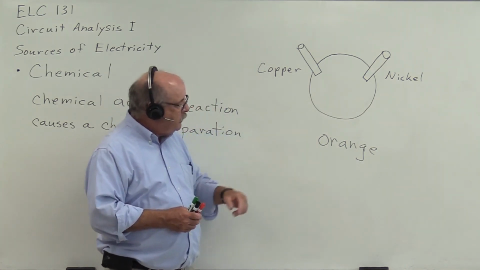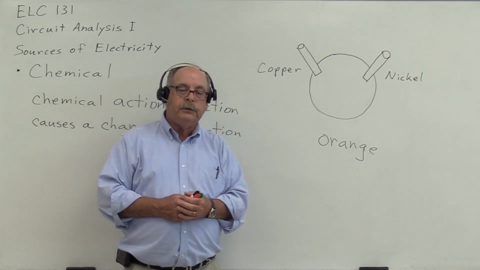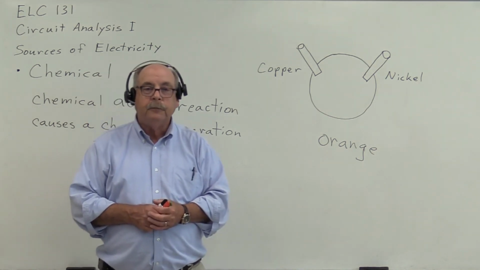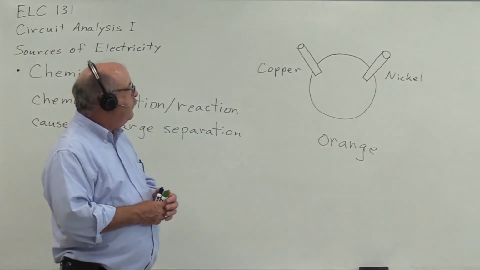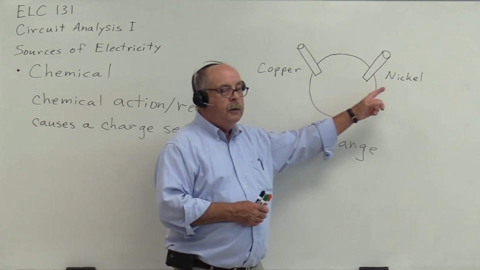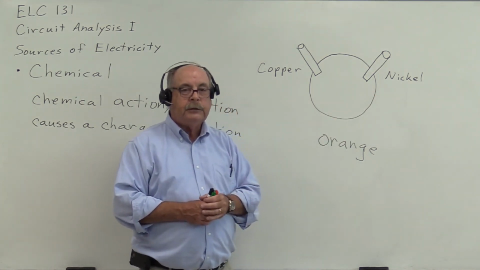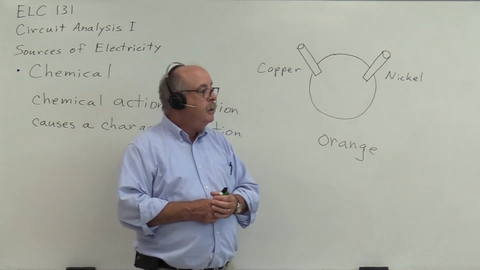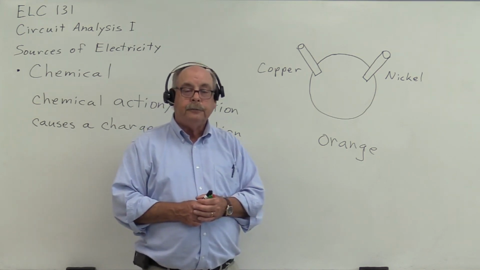So we'll use the example of an orange, which contains citric acid. And then we have to have, again, two dissimilar materials, or in this case, two dissimilar metals, copper and nickel.